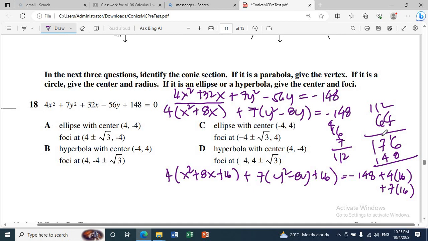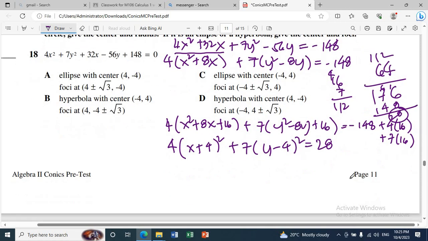This is 28. So we are now left with 4 times (x plus 4) squared plus 7 times (y minus 4) squared is equal to 28.